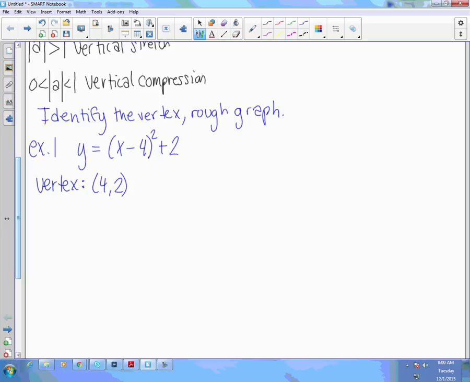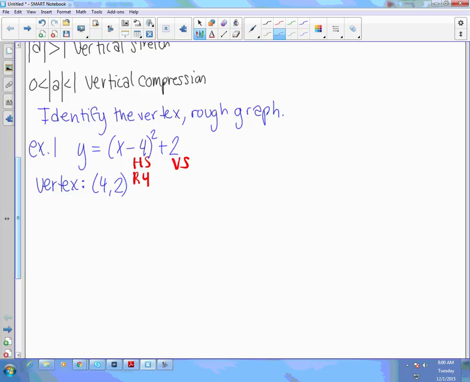Which means we move horizontally, opposite. What's opposite of the negative side horizontally? So right, 4. This 2 is the vertical shift.